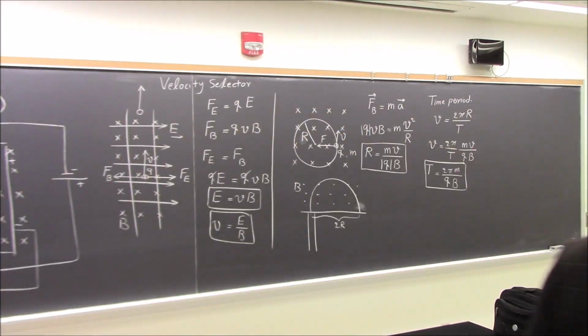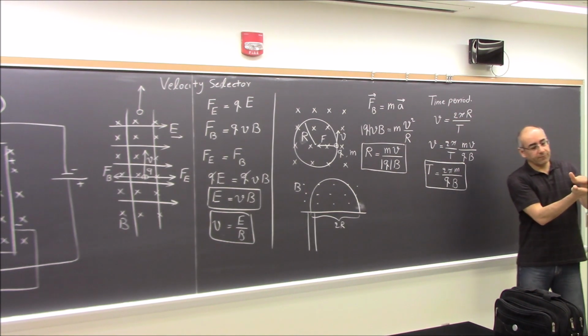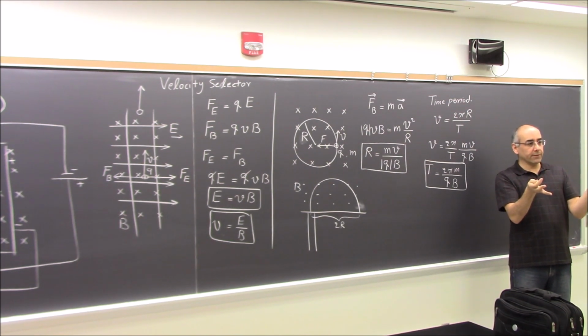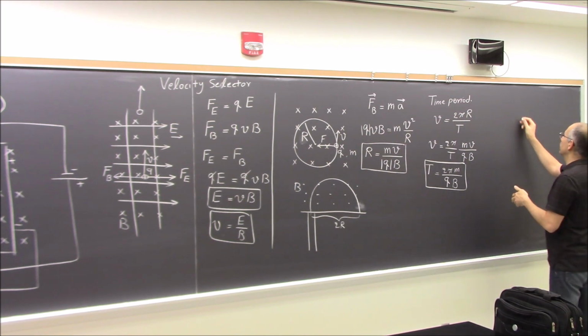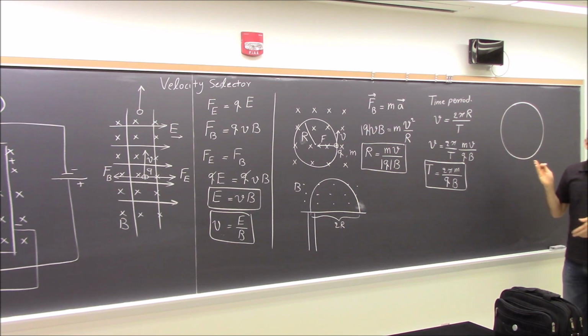So let's say you make 2 layers of half-circle conductors. They call them Ds. So let's say it's a disk of conductor.